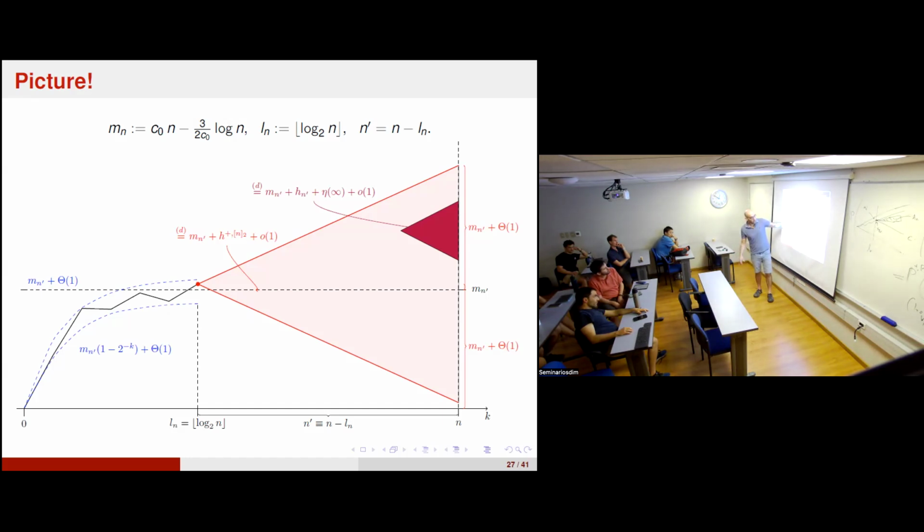The way we do this is we construct a coupling between the usual unconditioned branching random walk and the branching random walk conditioned to have a typical minimum. You can show that the difference between them is a field which asymptotically, if you don't look at the whole field but at a limited region, becomes a constant, and this constant is the eta.